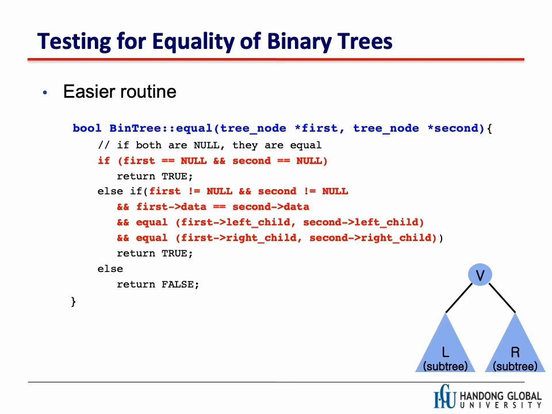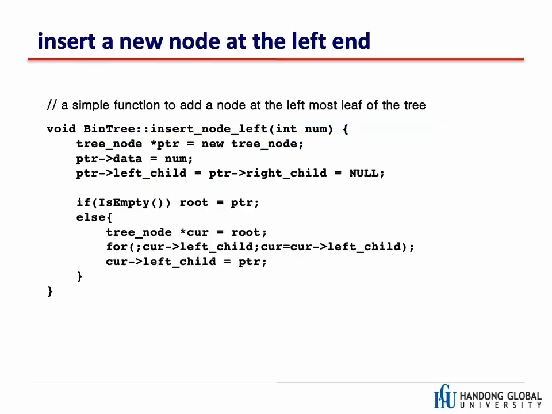By the way, we need the second implementation of the equal function from the previous slide. Now let's talk about insertion operations. We can insert a node somewhere in a tree, but we don't know where to insert.